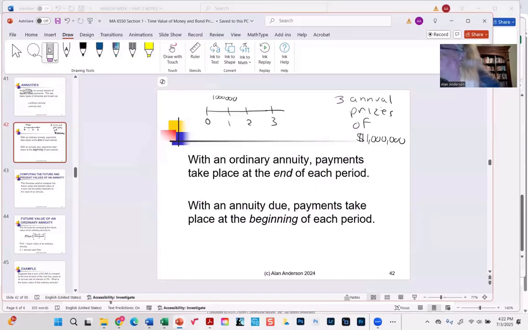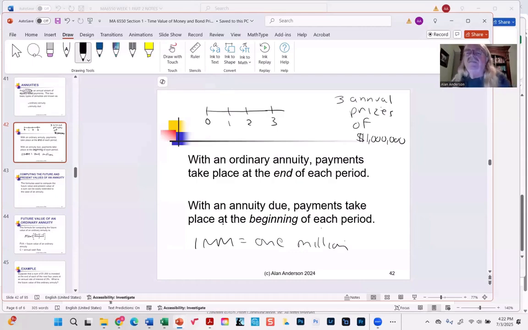Actually, I'm going to rewrite that as 1 MM. You may not have seen that abbreviation before, but 1 MM means 1 million. Why is that, by the way? I have a feeling that it's because M, as you remember from the Roman numerals, is 1,000. 1,000 squared is a million.